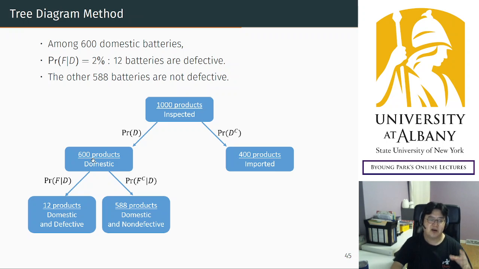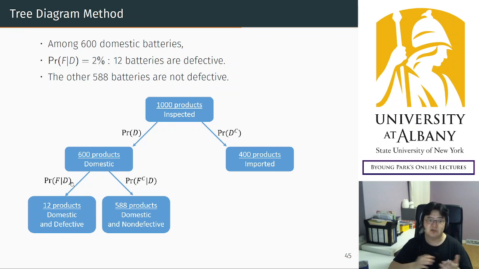So go to the pile of domestic batteries. I am going to classify those domestic batteries into defective batteries and non-defective batteries. And we know that 2% are defective among domestic batteries. Remember, 2% is the defect rate for domestic batteries, and all of these 600 batteries are domestic.